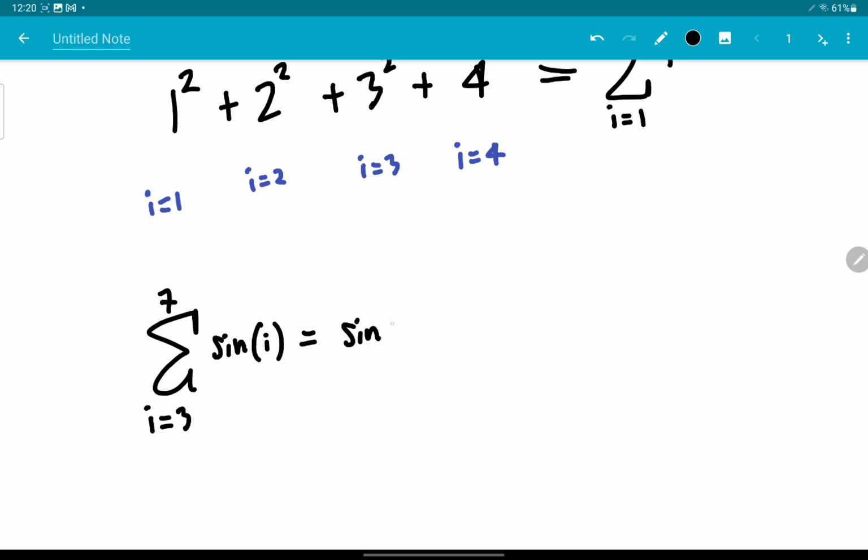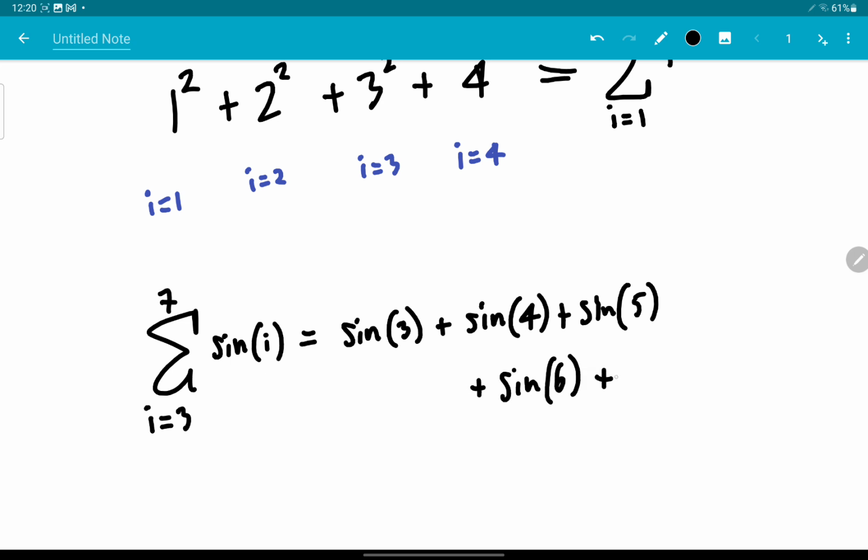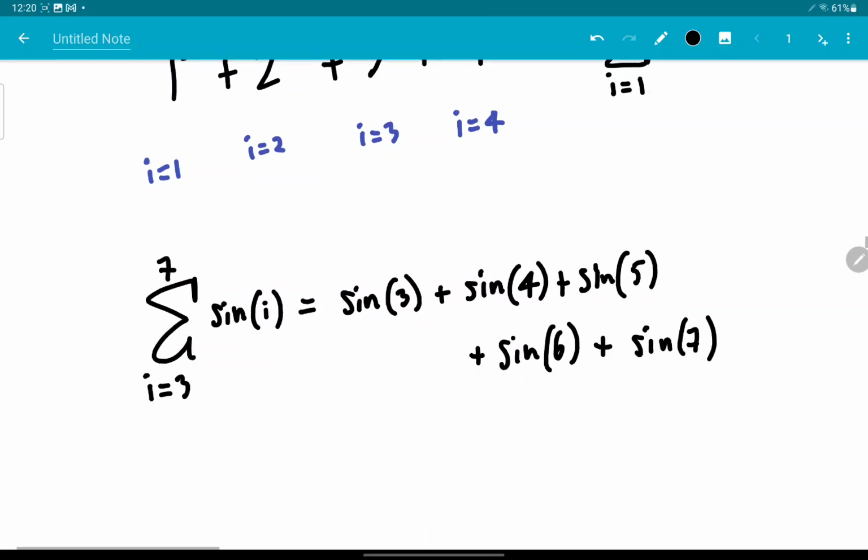So you go sine of 3 plus sine of 4 plus sine of 5. This is tedious, but necessary. Plus sine of 7. So hopefully that example illuminates what the notation means.